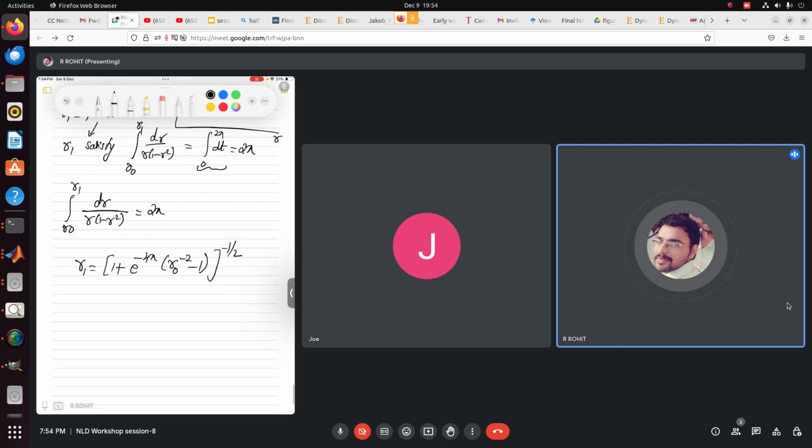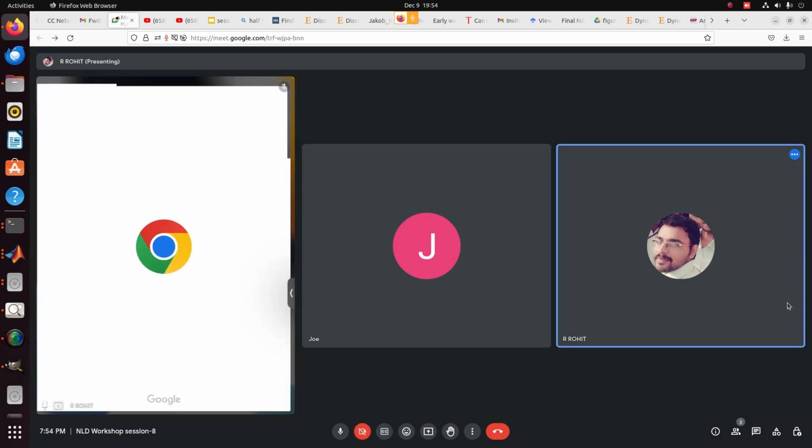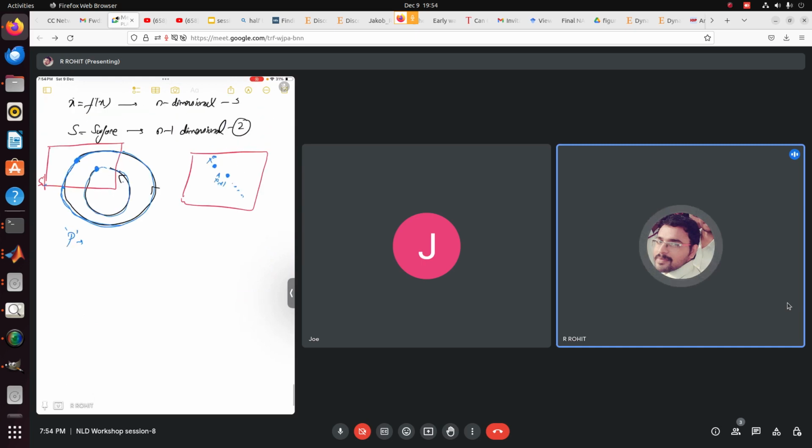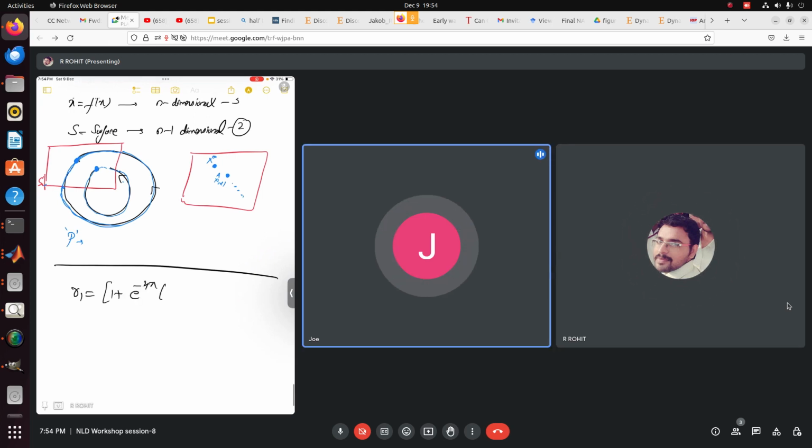So this was our r1, that is 1 plus e to the power minus 4 pi times r0 to the power minus 2 minus 1, whole to the power minus half.